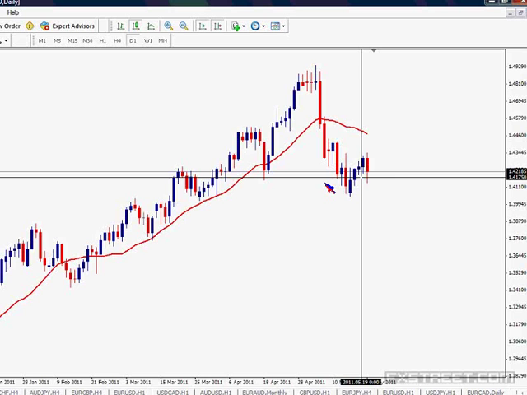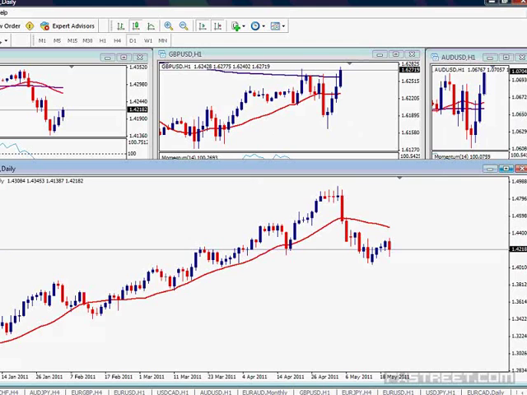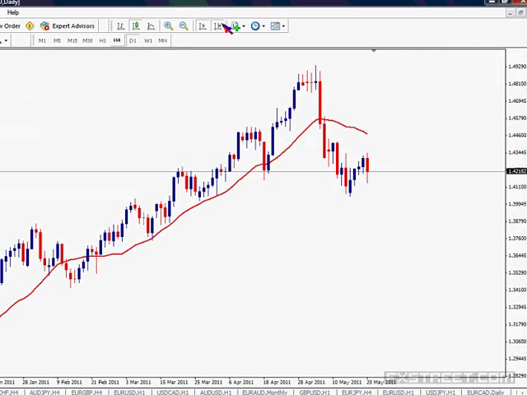Anyway, there are a lot of tools we can use to determine support levels, and we will probably find one that fits us better than the other. I would suggest using Fibonacci retracements only above 4-hour charts. The bigger the charts, the more interesting the strength of the Fibonacci retracement.